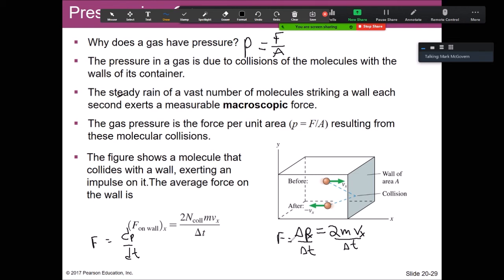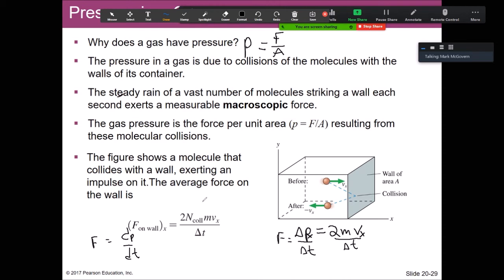That's the statement that we have right over here. You multiply that by the number of collisions taking place, which is effectively, in a given amount of time, every single molecule is going to bounce off the walls at some point. So you can throw in a capital N to correspond to the number of collisions, and this is one way you could talk about the force exerted on the wall overall.